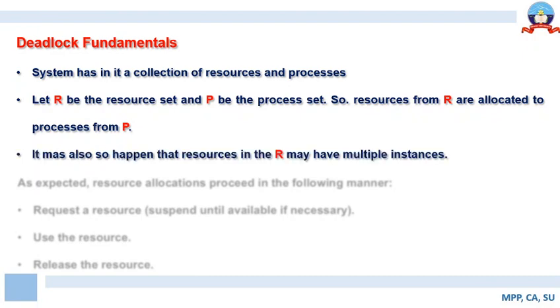Now, it is also to be understood that resources in the system may be of different types in context to the number of instances they have. A resource may be a single instance resource, or a multi-instance resource. For example, in a given architecture, the processor is a resource. In some architectures you'll find multiple processors, whereas in some you'll find a single processor.